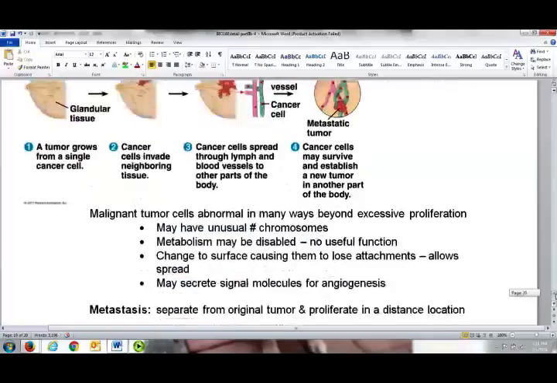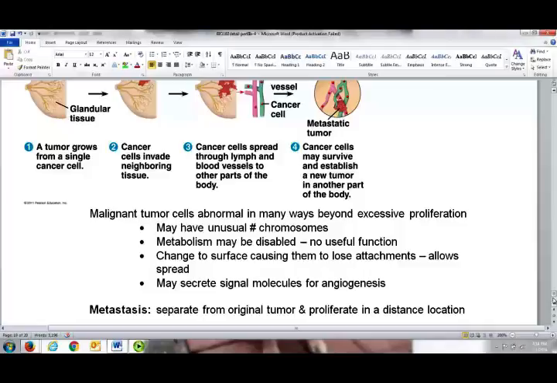So malignant tumors have cells that are abnormal in many ways beyond excessive proliferation. A lot of times they'll have unusual numbers of chromosomes. Their metabolism may be disabled or provide no useful function to the organism. They can change their surface so that they no longer need the attachments, which allows them to spread.